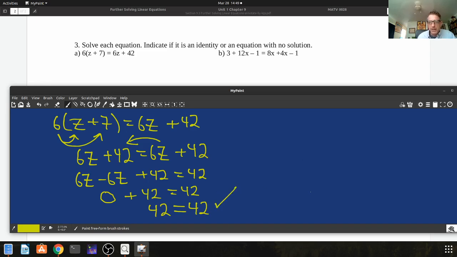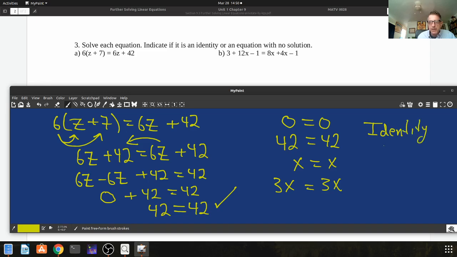So when you're solving an equation, and you get some conclusion like 0 is equal to 0, 42 is equal to 42, x is equal to x, 3x is equal to 3x, etc., all of those signal that this is an identity.